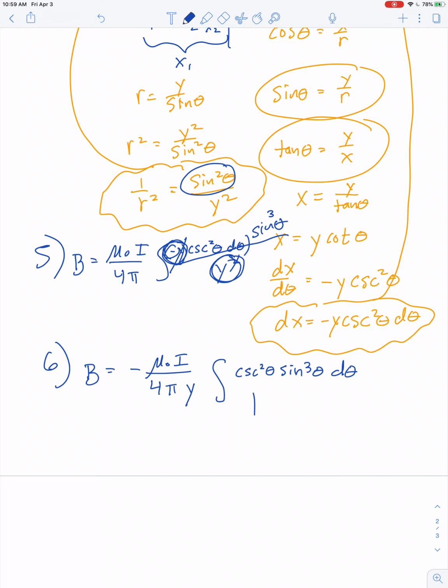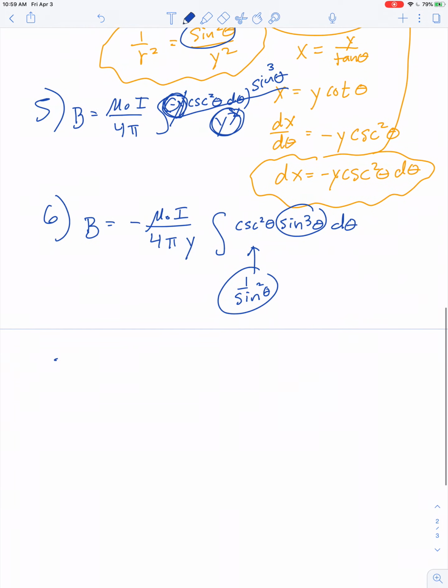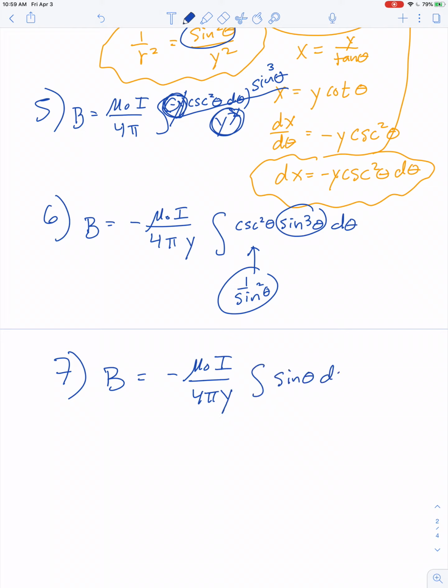But cosecant is the same thing as 1 over sine, so cosecant squared is 1 over sine squared. So 1 over sine squared combined with sine cubed just gives me sine. So step 7, the magnetic field at that point is equal to negative mu naught I over 4 pi y times the integral of sine theta d theta.